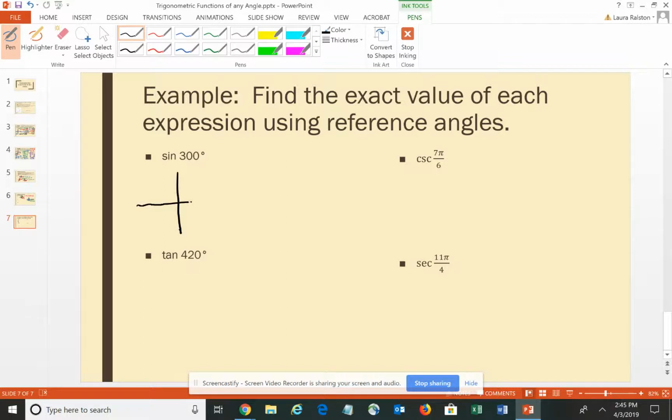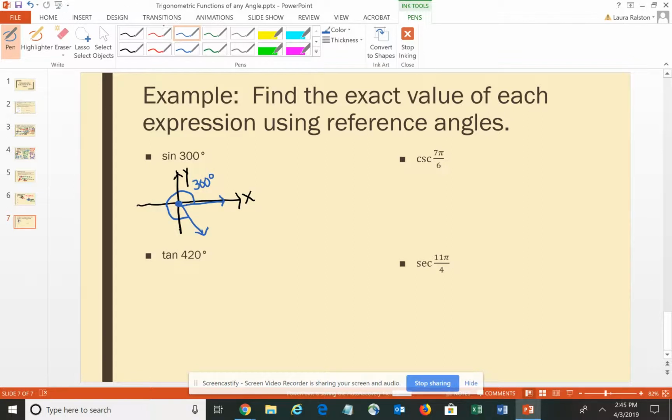But if we look at the graph and think about the reference angle, with the vertex on the origin and initial side on the positive x-axis, I rotate 90, 180, 270, 300 degrees. Okay, so there's my 300-degree angle.